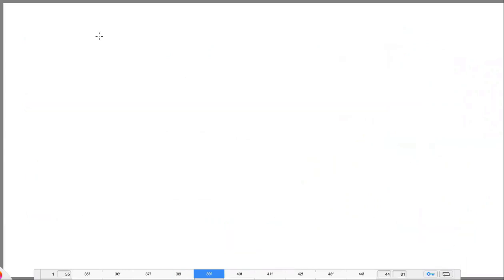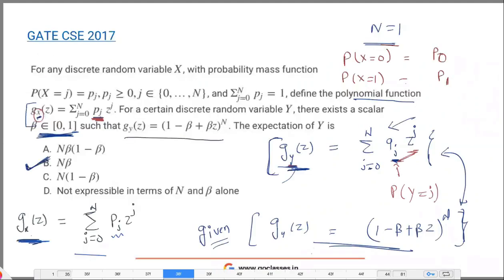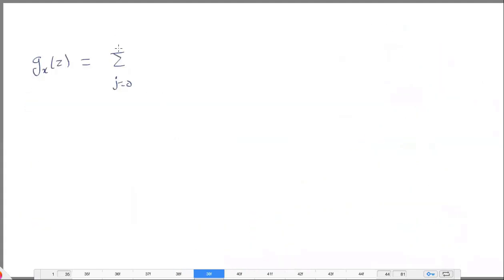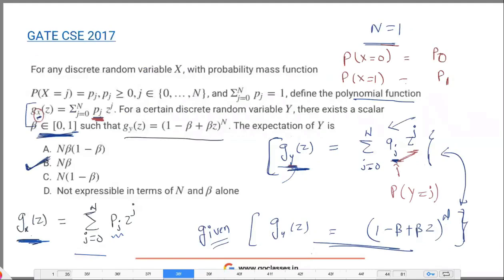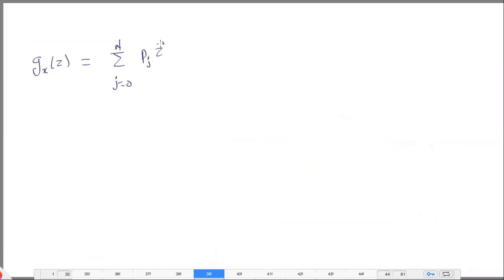Now you see that this g(z) is given to be the summation of j equal to 0 to n, p_j z^j, right? Can you think of something? Basically we want this expectation of Y, which will be the sum of j q_j, something like that.